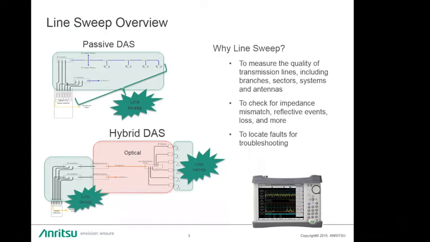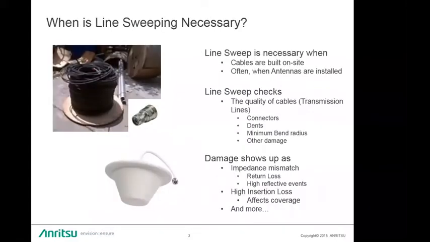Almost the entirety of a passive DAS needs to be line swept. In a hybrid DAS, of course, the RF parts need to be line swept. Okay. When do we need to sweep? The biggest reason for sweeping a DAS system, or a tower for that matter, is when cables are built on site. If they're installed, clamped down, connected, connectorized on site, they haven't been tested.